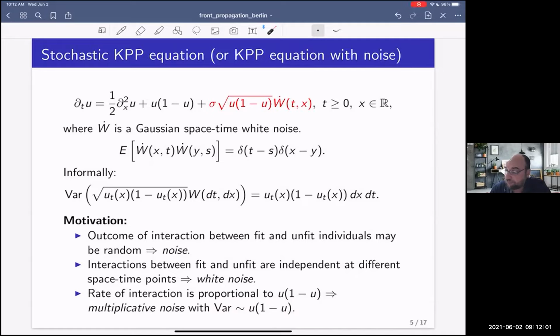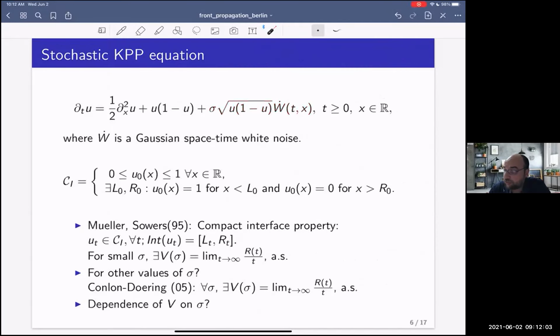Okay. Now we have this equation, which is the stochastic KPP equation, and again we will be starting from compact support, compact interface initial conditions. So we start with something like this.